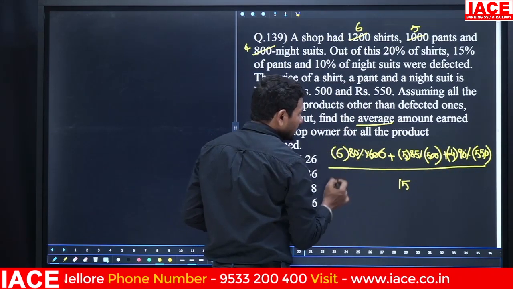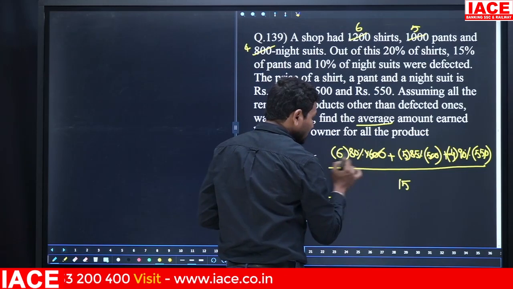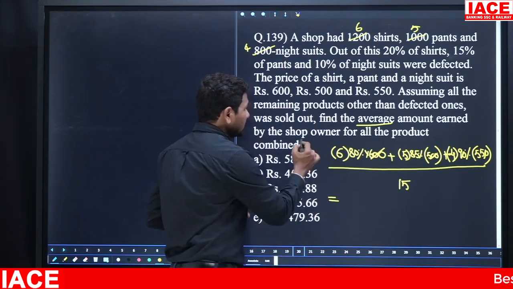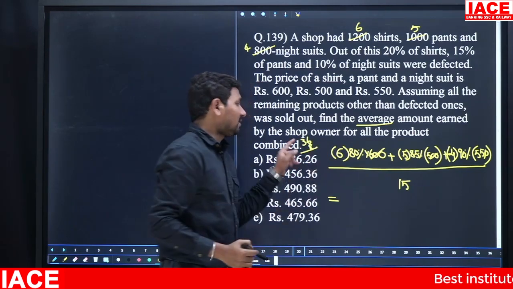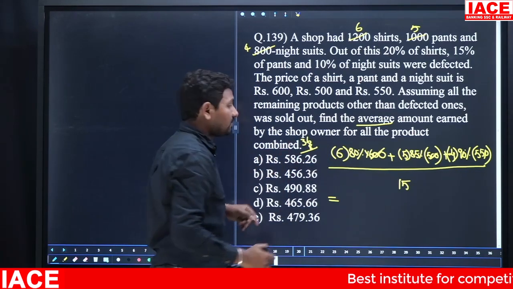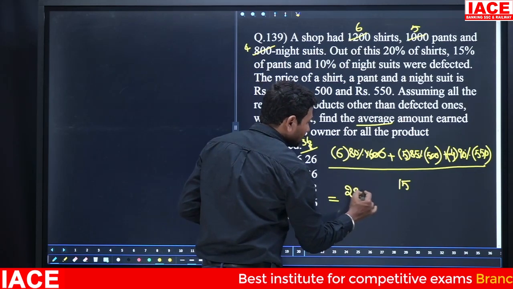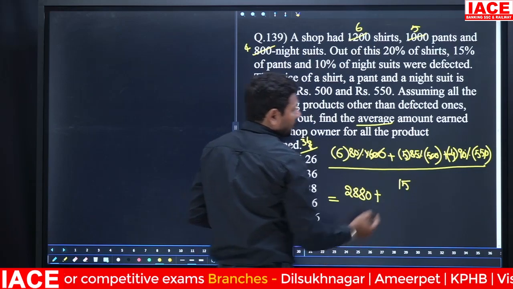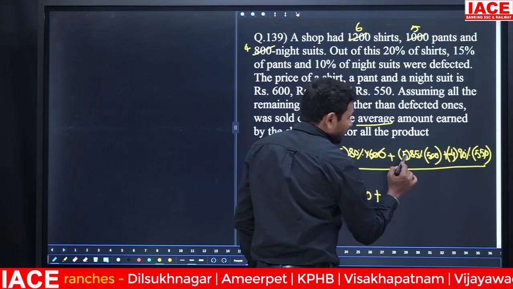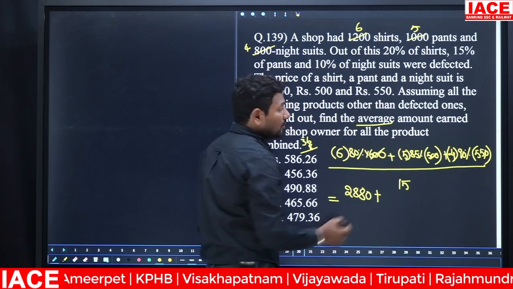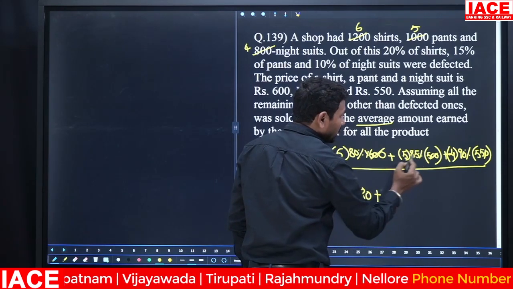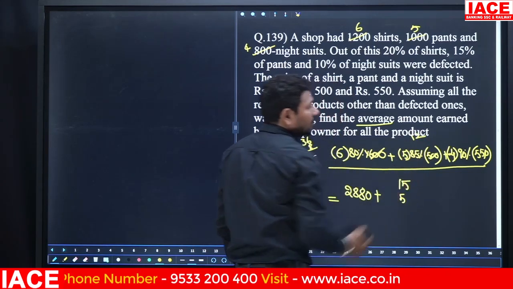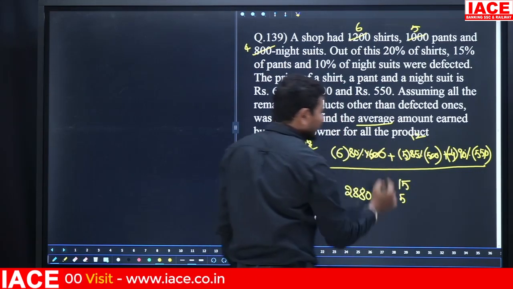Next, multiply all the terms. 6 times 8 is 48, and 6 times 6 is 36. 36 times 8: 8 times 30 is 240, 8 times 6 is 48, so it is 288 and a zero. Plus, next with 5: 5 times 5 is 25, and 25 multiplied by 5 is 125, carry forward 12. 25 times 8 is 200, so it is 212.